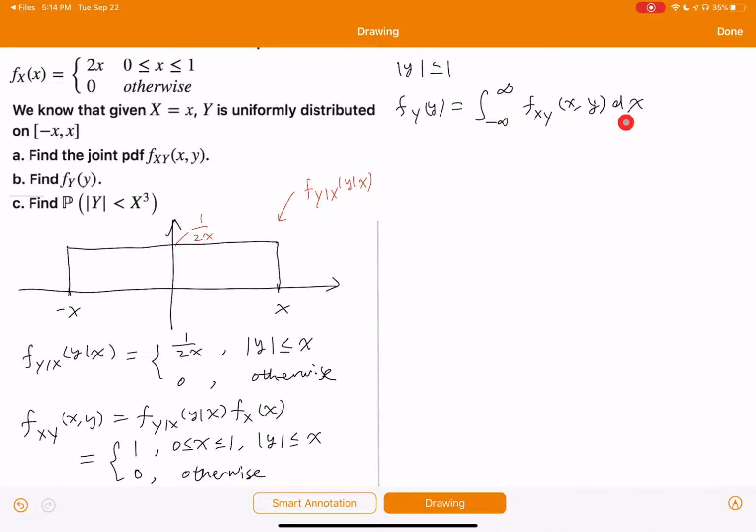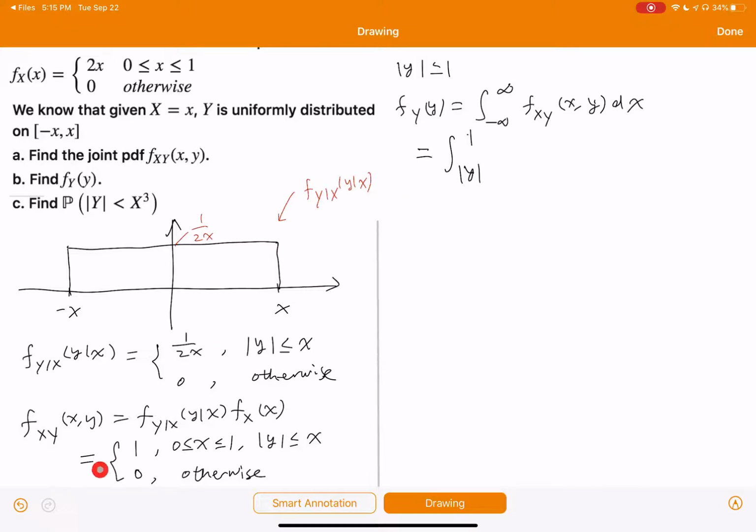So now let's first figure out the range of x here, because we're doing the integral. Based on the joint density we just calculated, the range of x is greater than the absolute value of y, and x is also between 0 and 1. So the integral must be from the absolute value of y to 1.